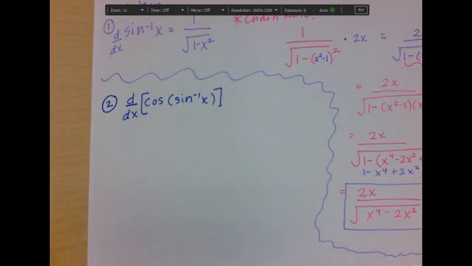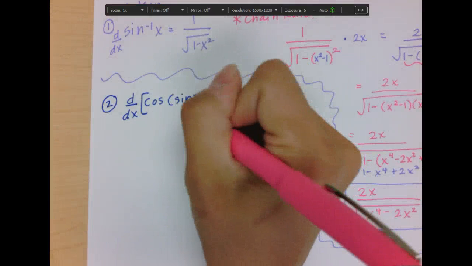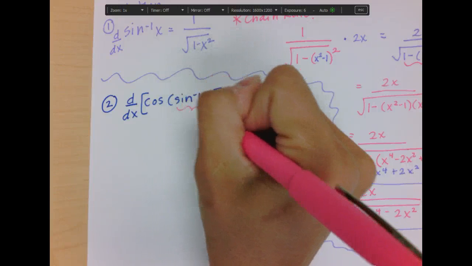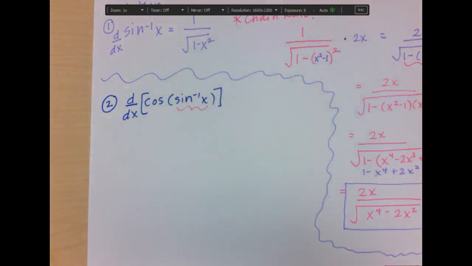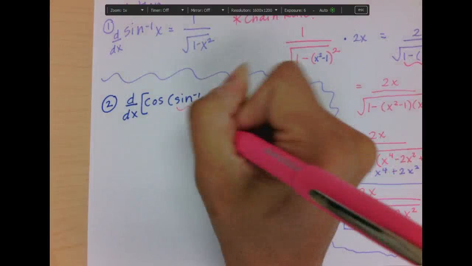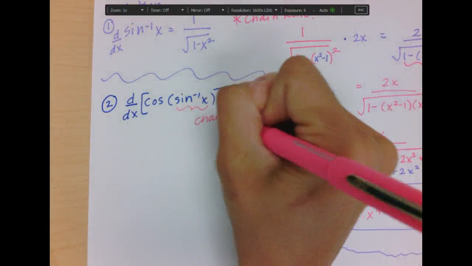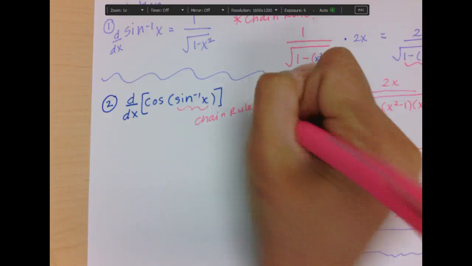Once again, we have a chain rule to apply, because we're not just taking the derivative of the cosine of x, we're taking the derivative of the cosine of the inverse sine of x. So because of that, we will be using the chain rule once again.